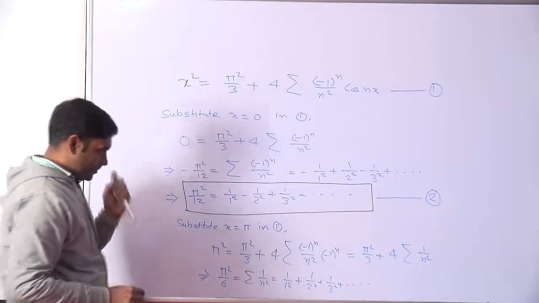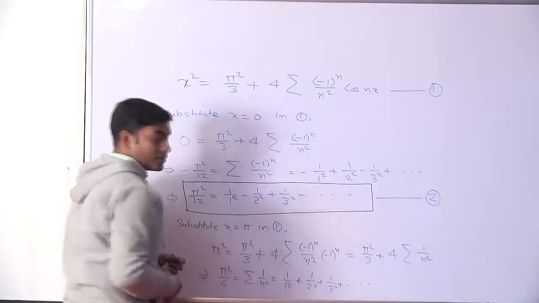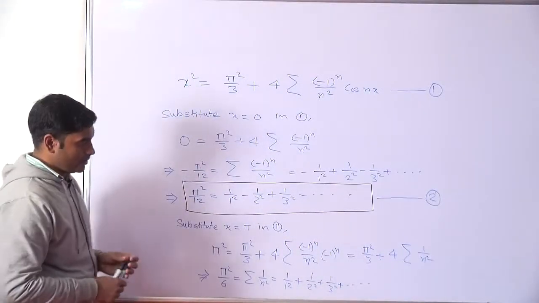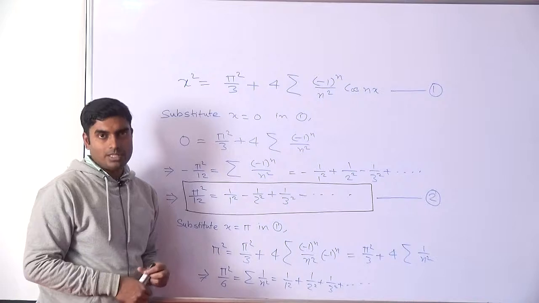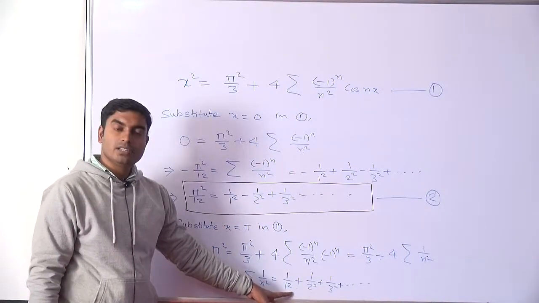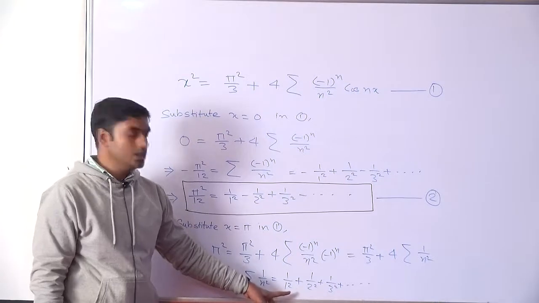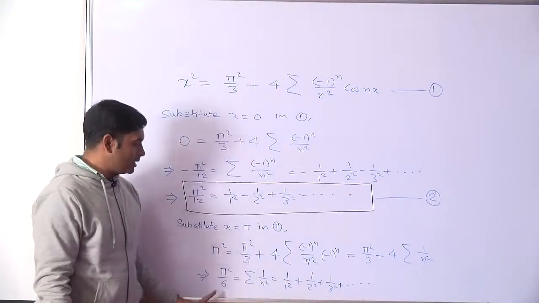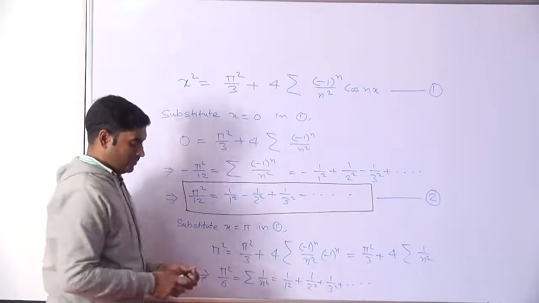Now you see, this is a p-series, and a p-series converges for p greater than 1. Here p is 2, therefore this converges, and this is the value of the series.